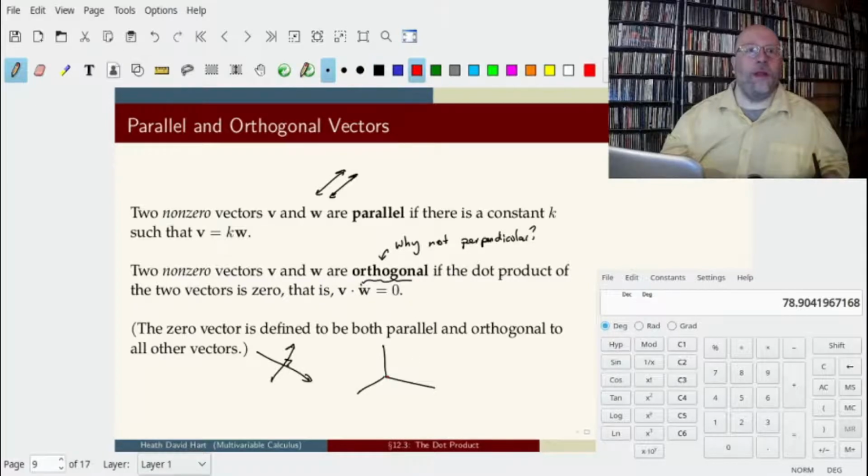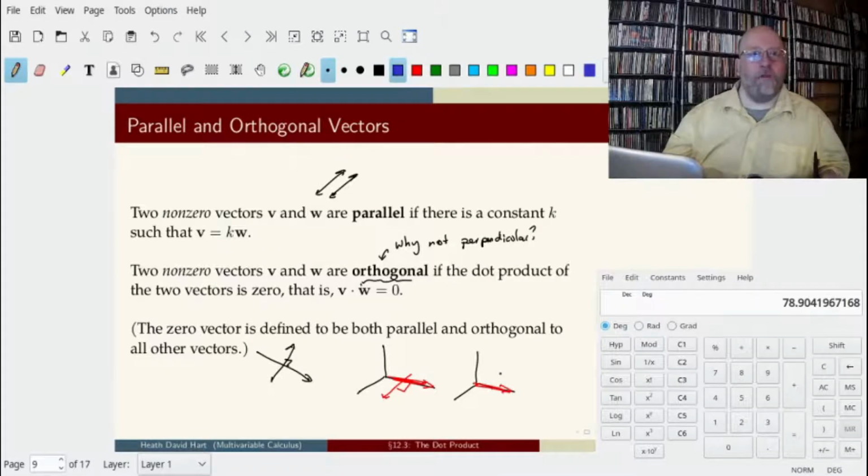We could have two vectors that cross each other and form a right angle where they cross, but we could also have vectors that point in perpendicular directions, but they don't cross each other.